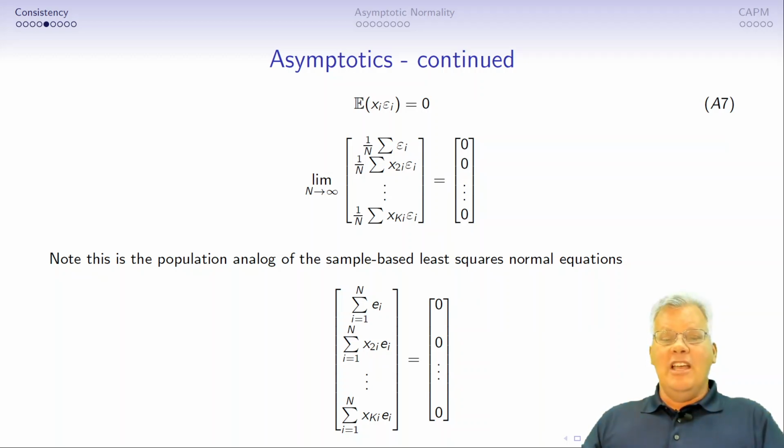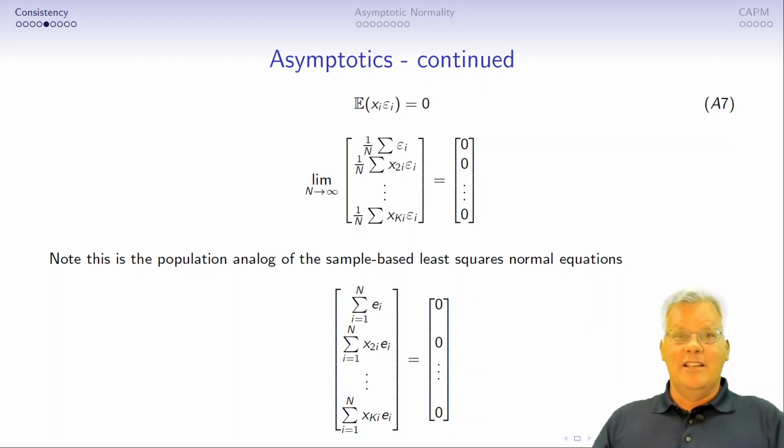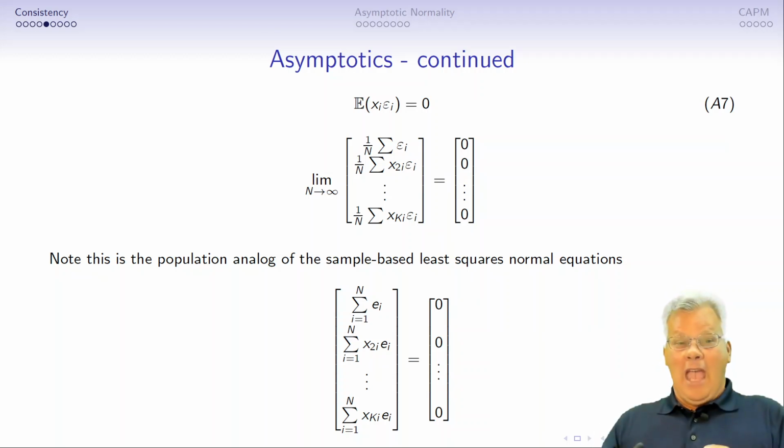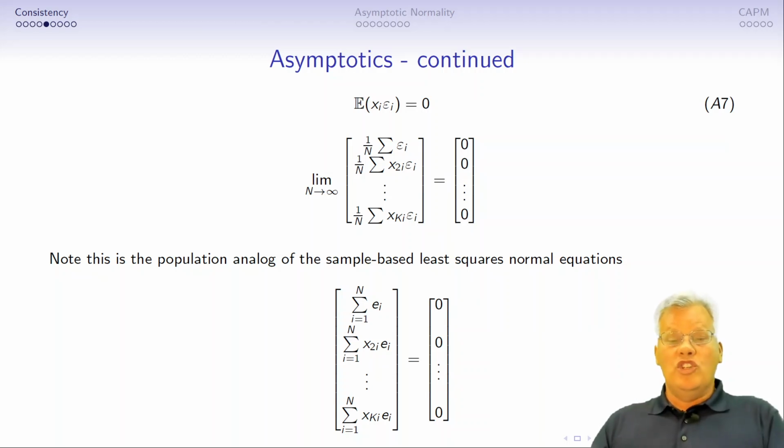The way that was done is by differentiating the sum of the squared residuals with respect to each of the OLS parameters, B1, B2, B3, etc., up through B sub k. And then the values of those parameters, B1 through Bk, were chosen to ensure that this condition was met.